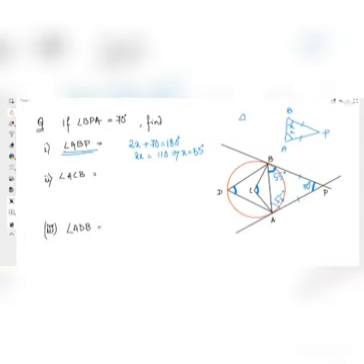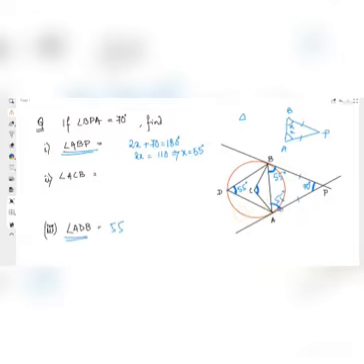So here I have a similar situation. See here, AB is a chord, and this is a tangent. So if this is angle 55, then the angle subtended on the circumference should be equal to 55. So that means ADB we got as 55. Now what is the relationship between this angle and this angle? We know it, right?